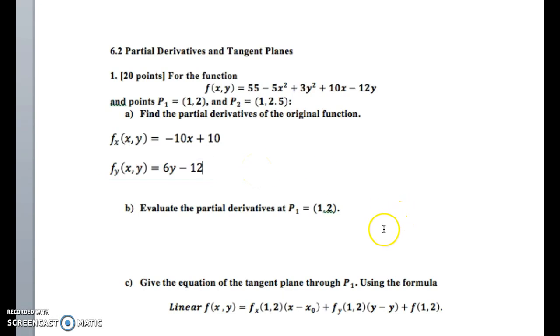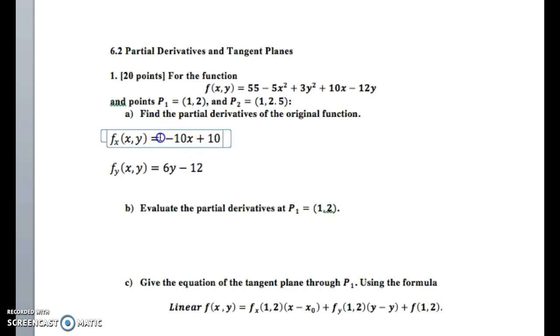Now we want to find the partial derivatives and evaluate them at the point (1, 2). So that will give us the slope in the direction of x and y at that point.